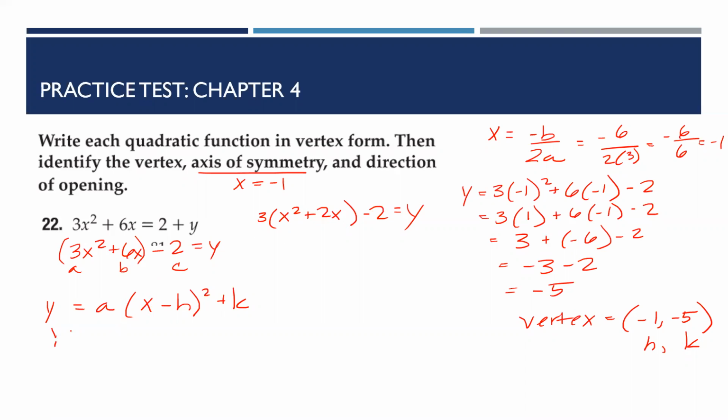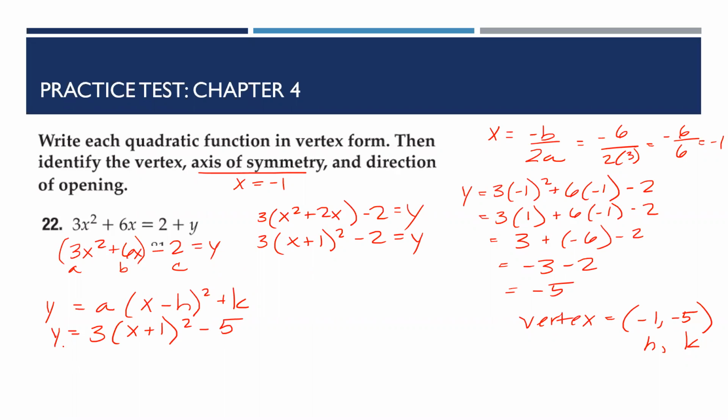So this ends up being y equals a, which is 3. A over here is 3. And then we've got x squared plus 2x. Oh, when we factor this, that's what I forgot to do. So this would be x plus 1 squared minus 2 equals y. So this ends up being x plus 1 squared, and then k, we figured out, was negative 5.